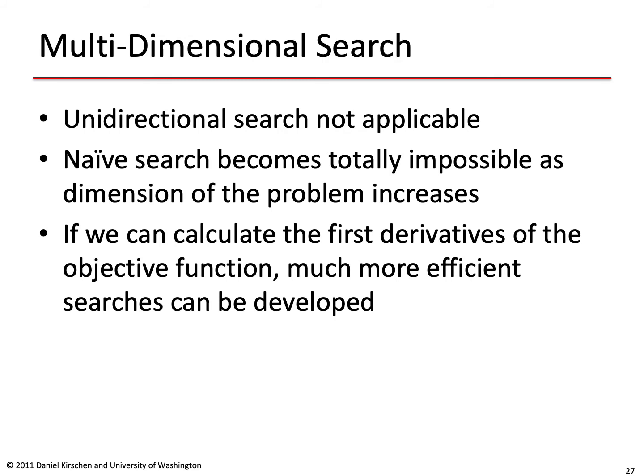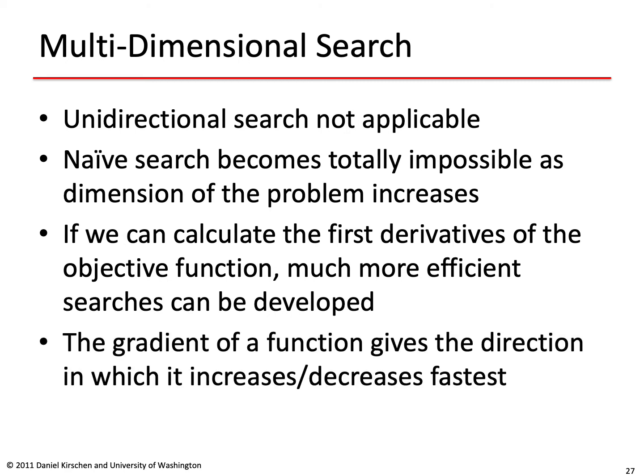But if we can calculate the first derivatives of the objective function, we can develop much more efficient search techniques, because the gradient of the function gives us the direction in which the objective function increases or decreases the fastest.